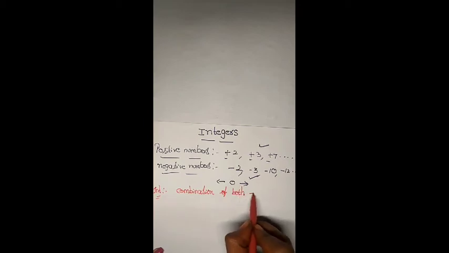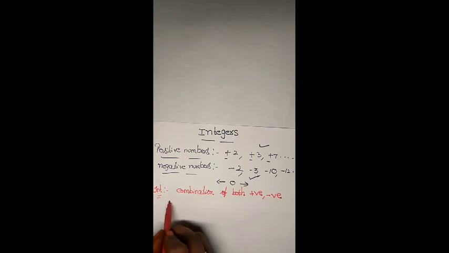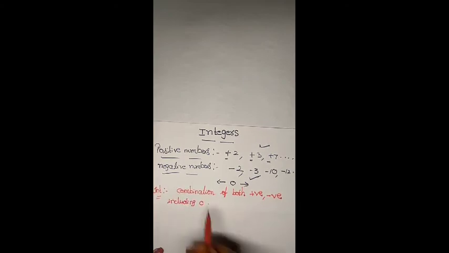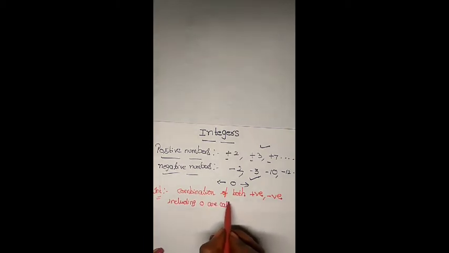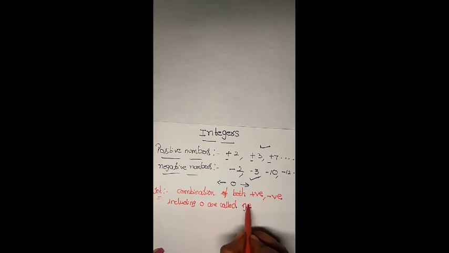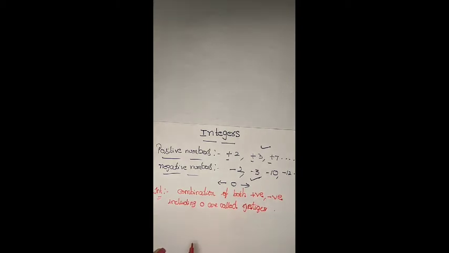So the combination of both positive and negative numbers, including 0, are called integers. Don't forget, we have to include 0 also. 0 is neither a positive number nor a negative number, but 0 included with them are called integers.